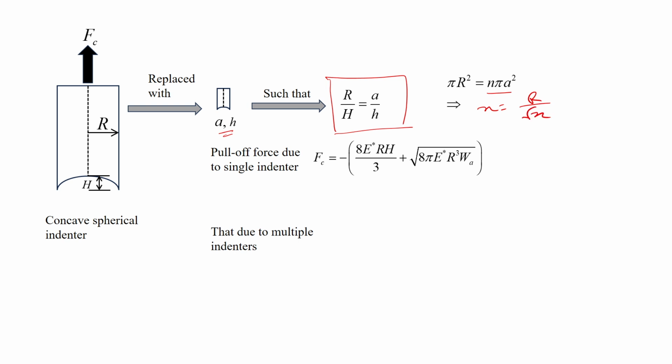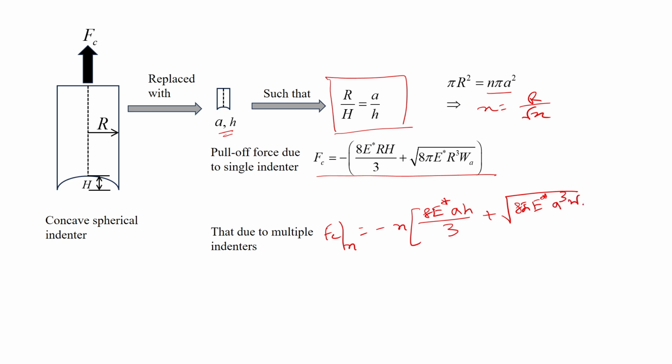Now the pull-off load for a single indenter is given like this. Let us do it for n number of indenters. It will be minus n into 8 E star, in place of R I have A, in place of capital H I have small h, divided by 3, plus 8 pi E star, instead of R I have A cube W A. Let me now substitute for A and h.